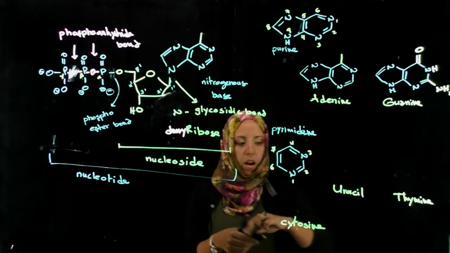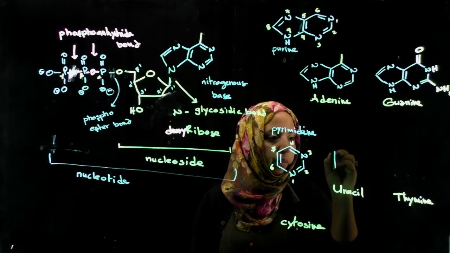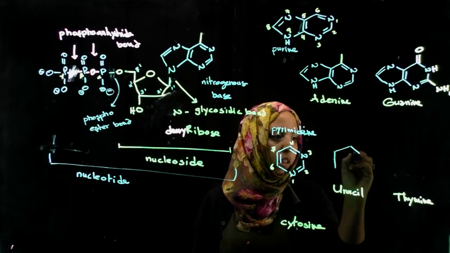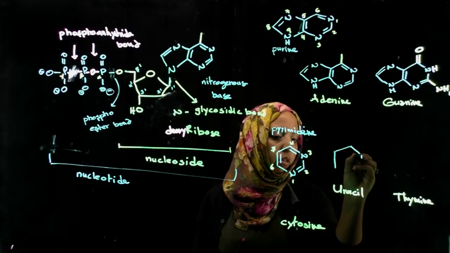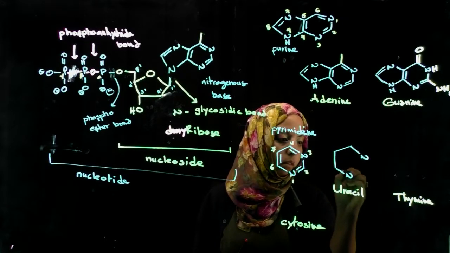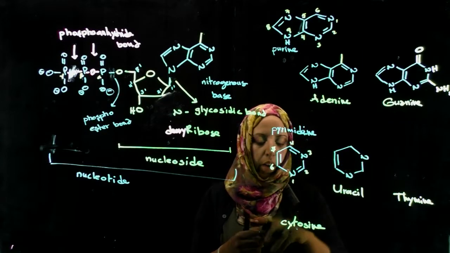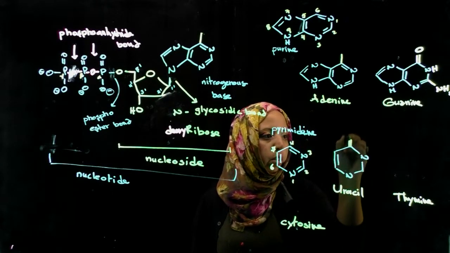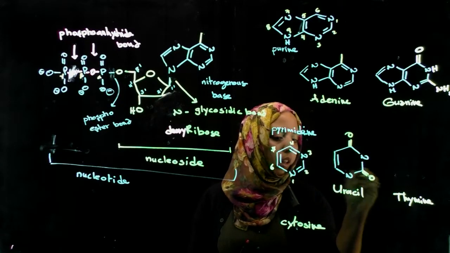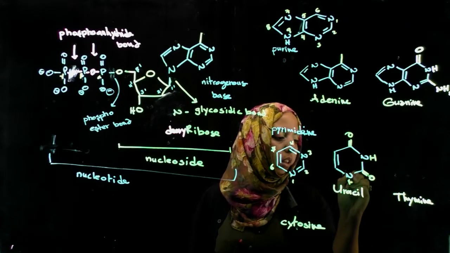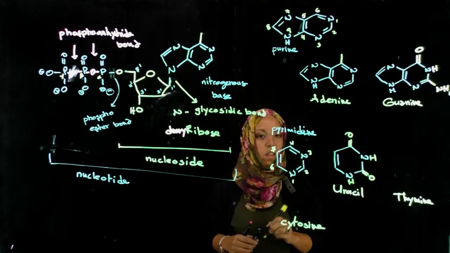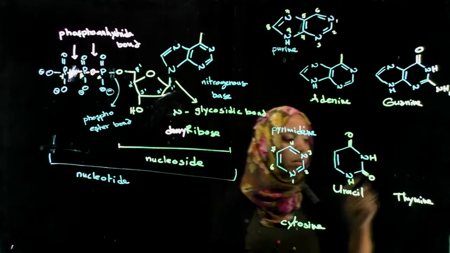All right. In the case of uracil, what we have is 2 carbonyl oxygens, one right here and one right here. Right? So I have to draw a hydrogen here and a hydrogen here. Uracil and thymine really differ by a single methyl group.